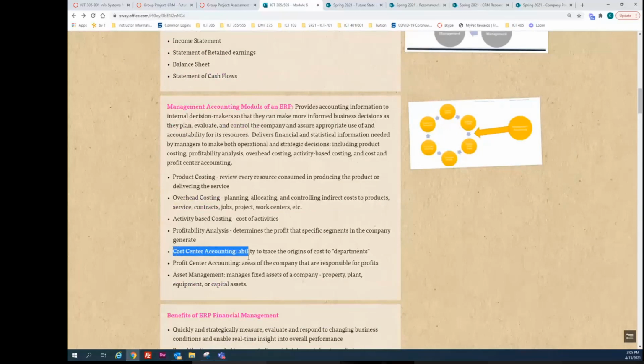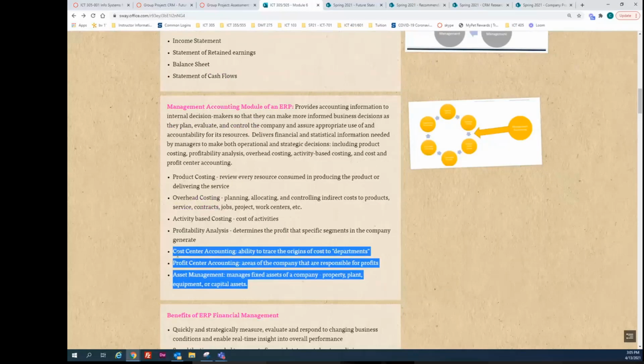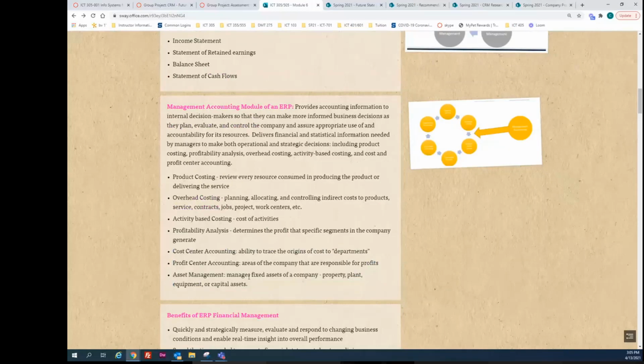Cost center accounting, profit center accounting, and asset management. I want to talk about these three together because cost center accounting is we have these three departments, right? We have our rubber bands, we have the bouncy balls, and we have the slime. Each one of those would have a cost center number essentially associated to them.